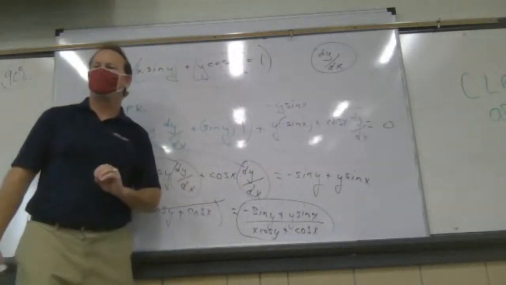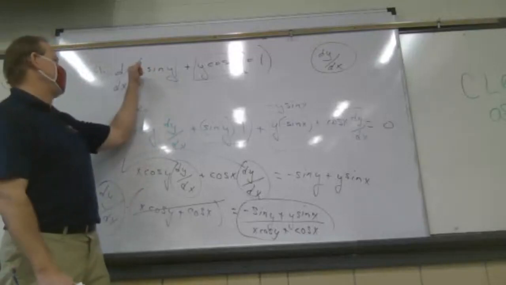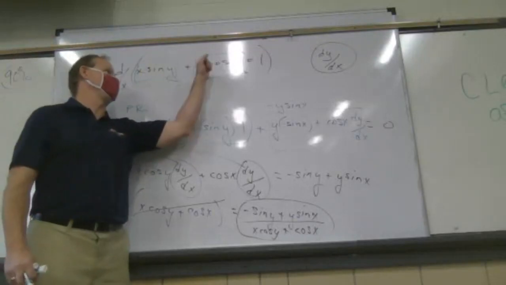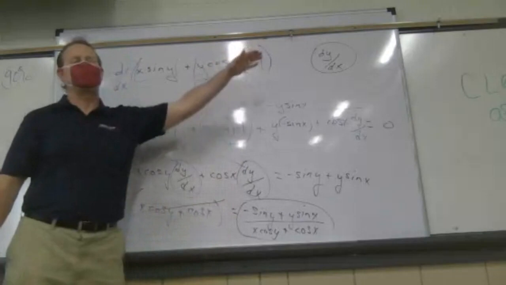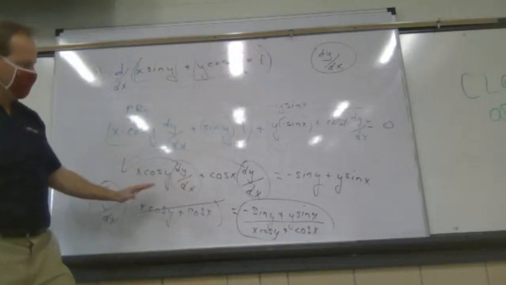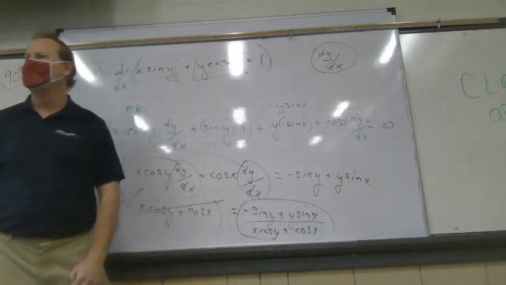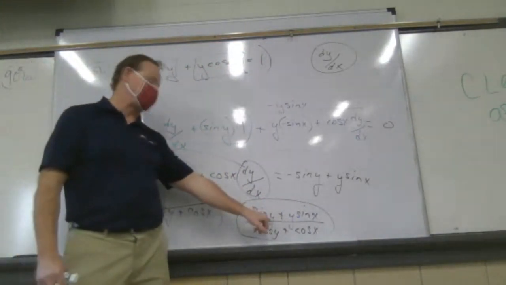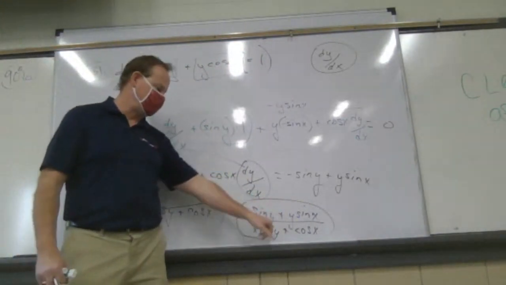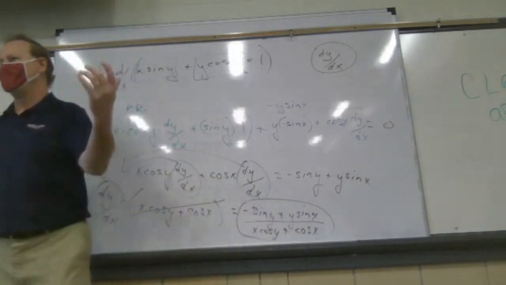So y is any function of x. So if I have x times sine of that function plus that function times cosine of x equals 1, whatever that function is, if I wanted to, I could just plug it in for y down here. So if the function was actually the square root of x squared plus 1, I could just plug it in for the y's down there, and then you're done.